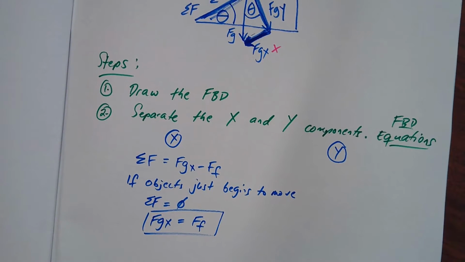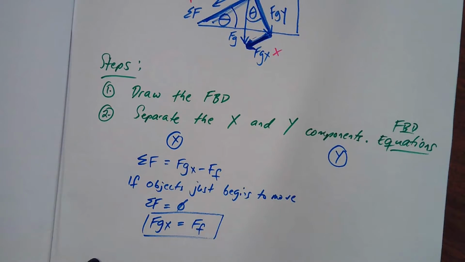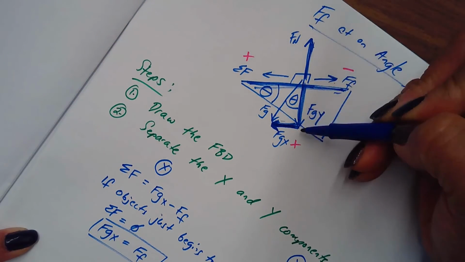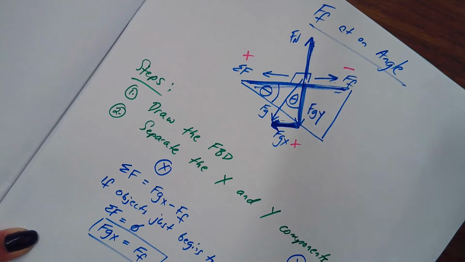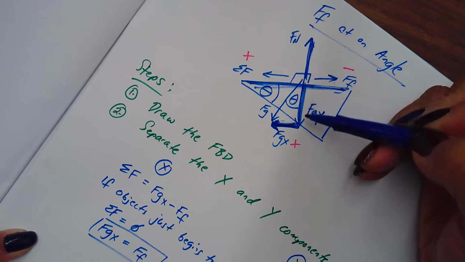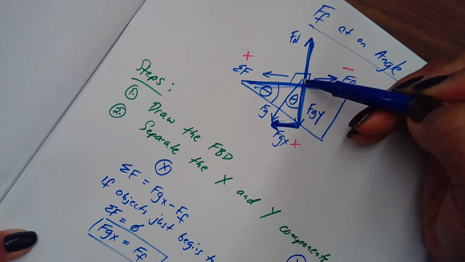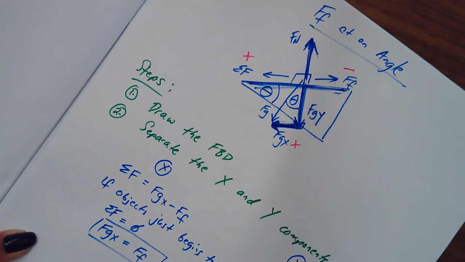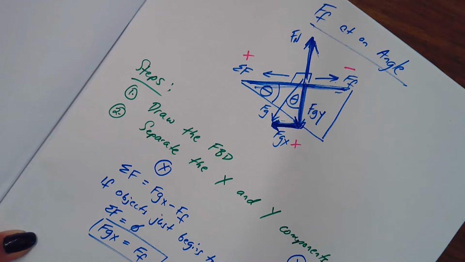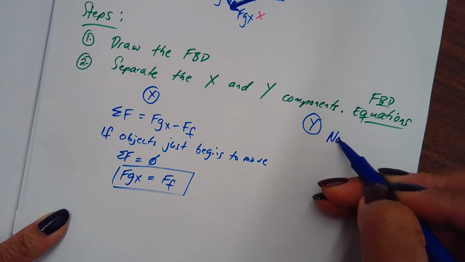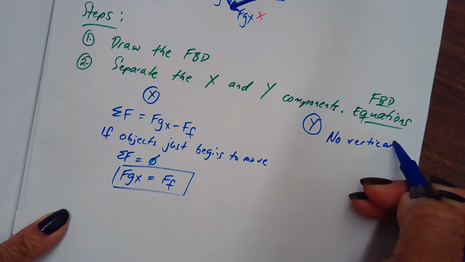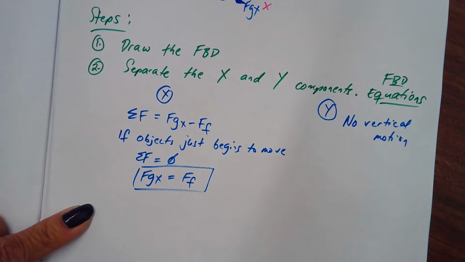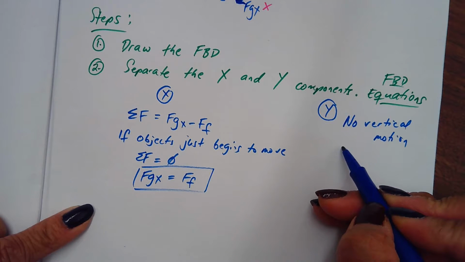This is the most important part right here of that equation. Take a look at the y component. Okay, I'm gonna just tilt this a little bit again. These are the y components. Is the box moving up or down? Meaning, is it going up this way or down this way? Is the box actually leaving the table? No, it's not. So then there is no vertical motion at all, right? If there's no vertical motion, what can you say about the net force? 0.